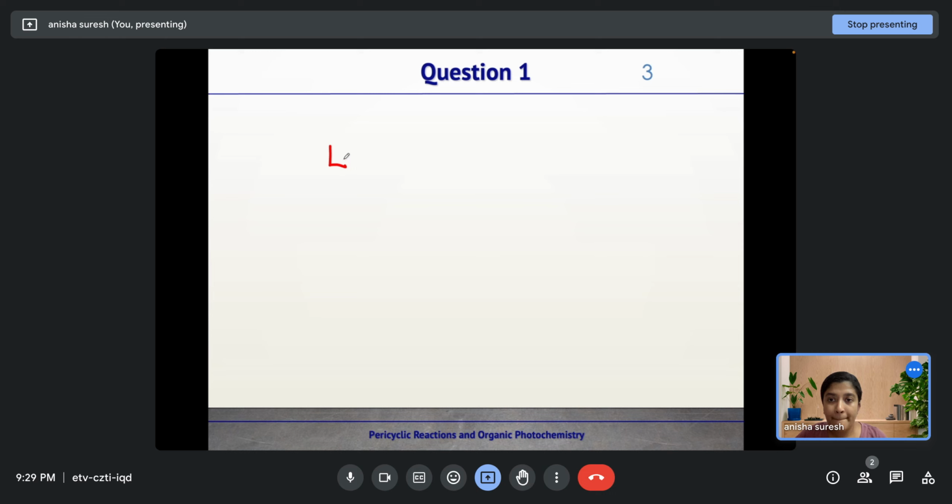So what will be the product that is formed? We can see the reaction. So this is our diene, that is cyclopentadiene, and this is our dienophile. It is approaching from below the plane. So this will be the mechanism that is taking place.